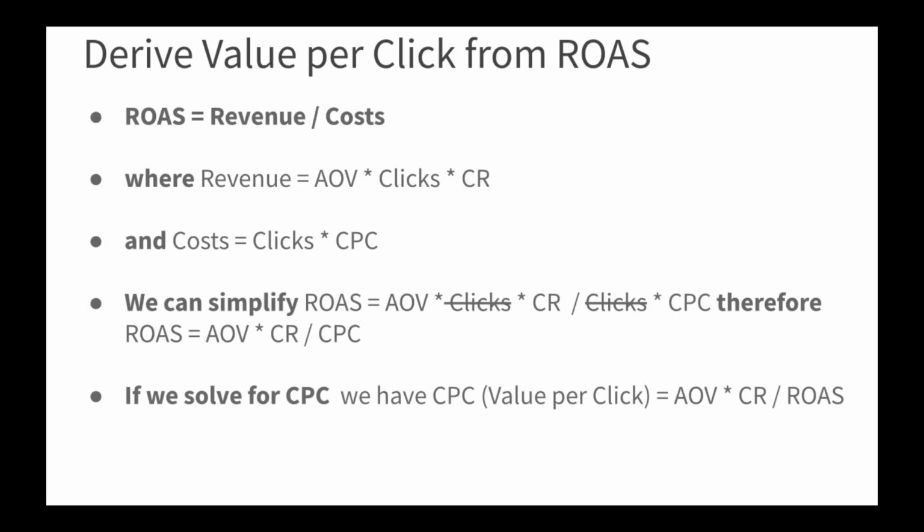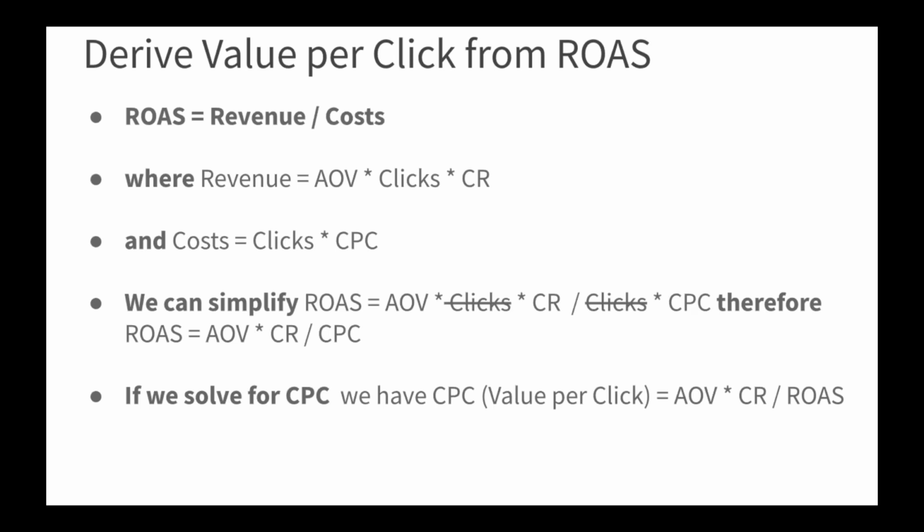So if we solve everything for CPC, that means we're trying to assess the value per click. The value of a specific click is given by the average order value, so we said we're selling t-shirts, our average basket is $100, multiplied by the conversion rate that we're getting on our e-commerce, and we divide that by the target ROAS.